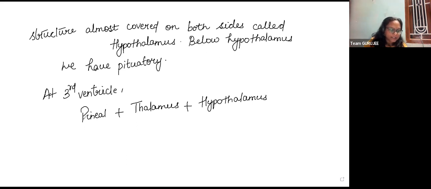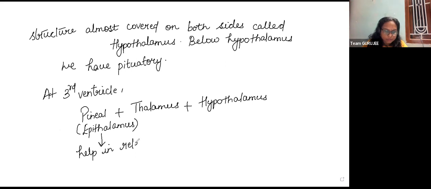Now, this pineal is sometimes called the epithalamus also. Sometimes they'll ask you about the function of the pineal gland. The pineal gland helps in the release of melatonin.